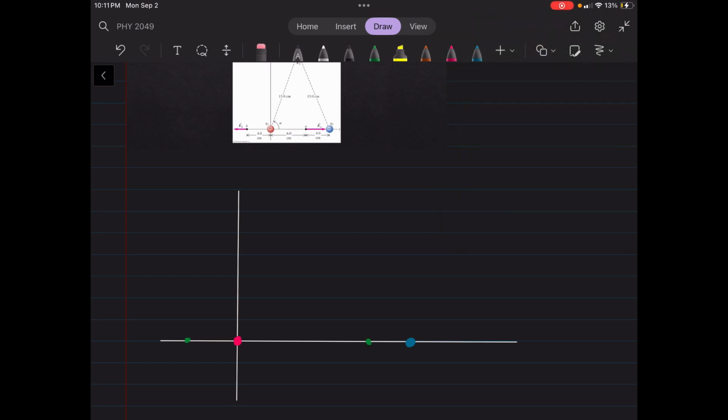Point C is going to be directly in the middle between the 2, so that an isosceles triangle is created. It doesn't look too much like an isosceles triangle, but close enough. So here's point C up here.